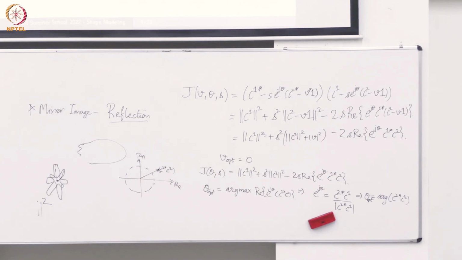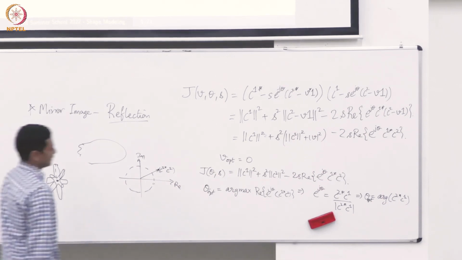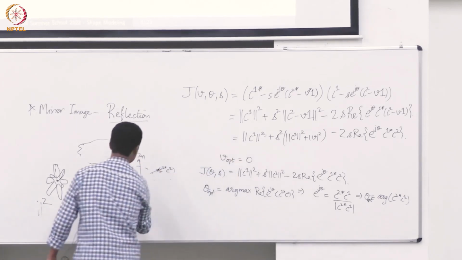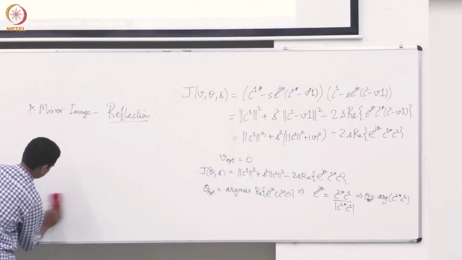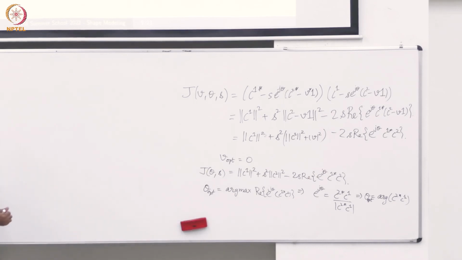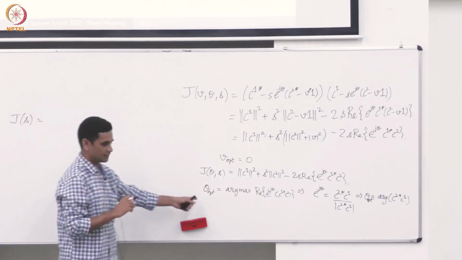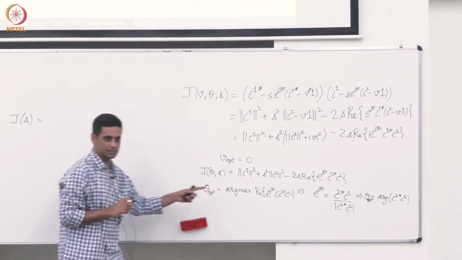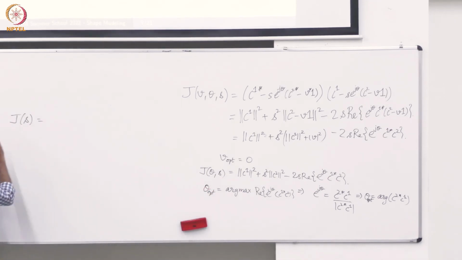Okay, fine. I think I need to speed this up a little. Okay, so what is now the cost function? Assuming we use the optimal value of rotation, what is J of S going to be?